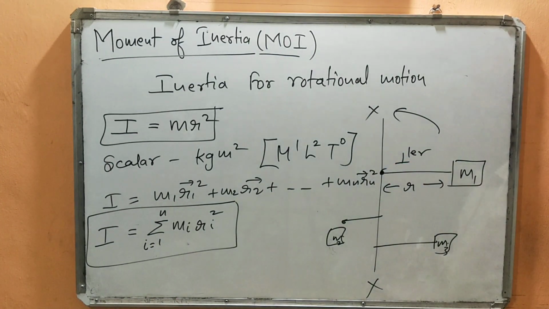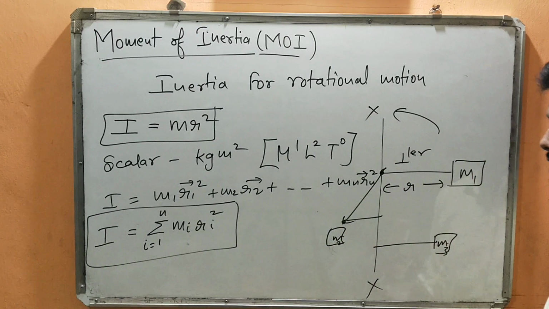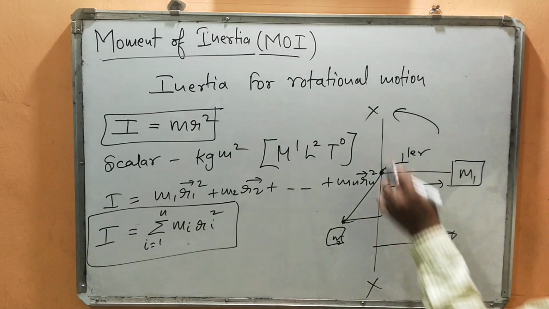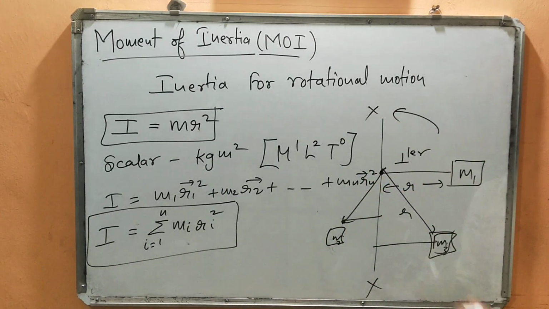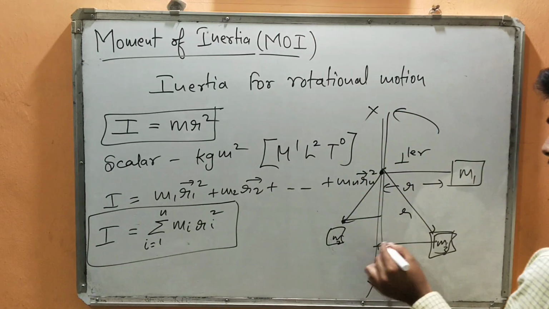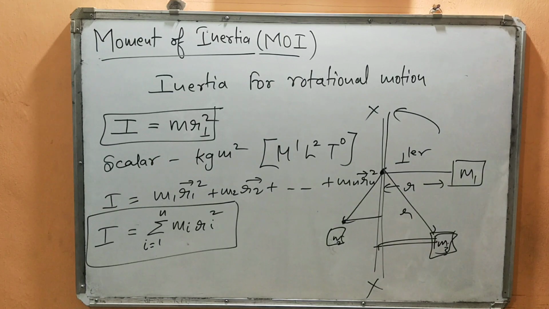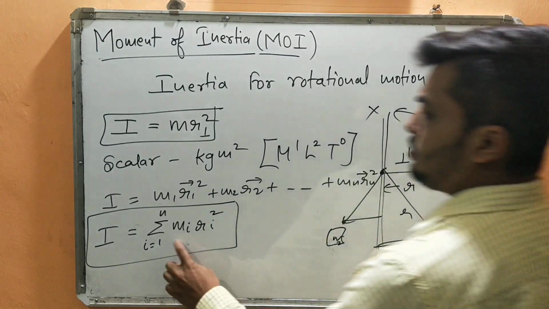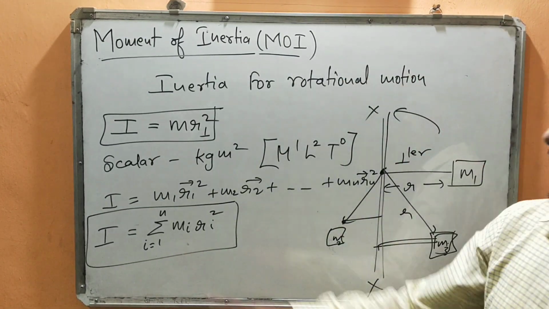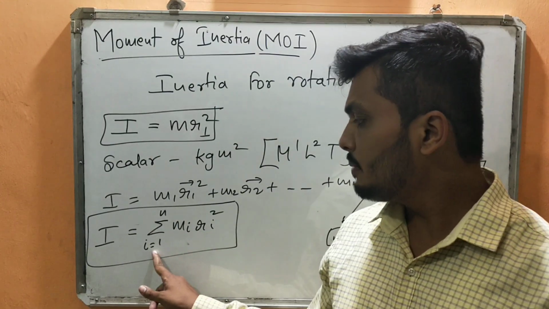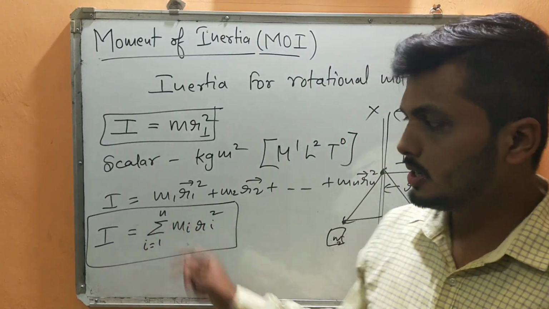If you want to find moment of inertia about this axis, don't consider this as r. For that axis, the perpendicular distance is what counts. Got it? So in generalized form you can write for n number of masses mi ri square, where i goes from 1 up to n.